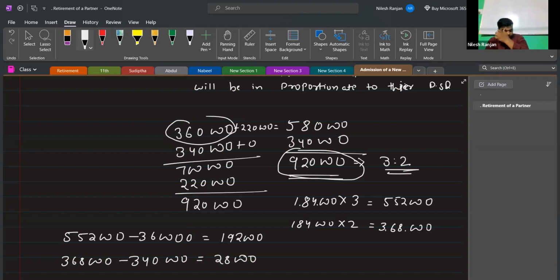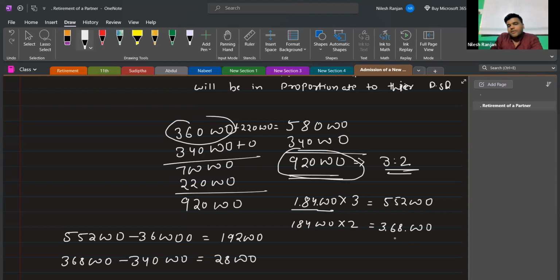Okay. What are your questions? My question is, 5,52,000 and 3,68,000, they're not proportionate to the ratio, right? Yes, it is proportionate. How? Because you said 3:2 means it should be 3 lakh and 2 lakh. You can see here, if you divide it by 3, you will get 1,84,000.